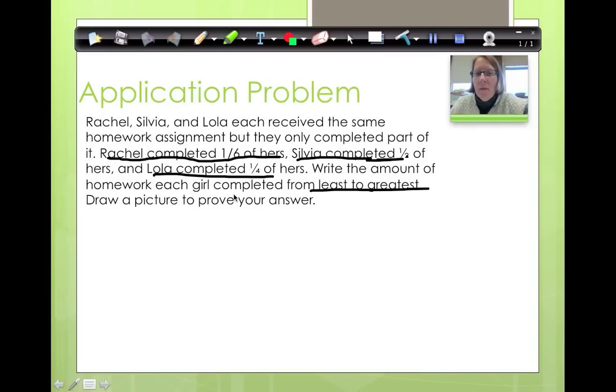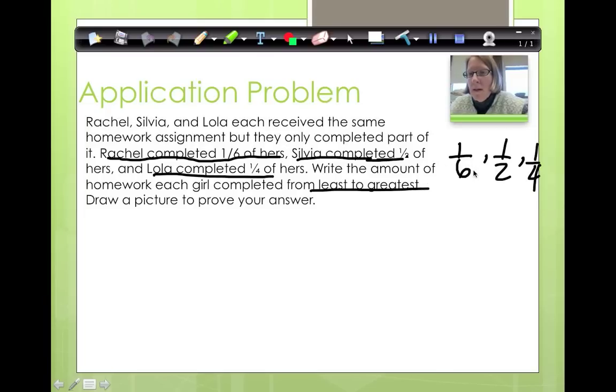Okay, so right off the bat, we have 3 fractions. We have 1/6, 1/2, and 1/4. Let's write the fractions in order from least to greatest. So do you remember what we were looking at last time? The more parts it has, the smaller the pieces are, right?